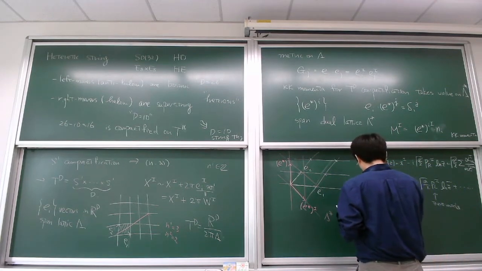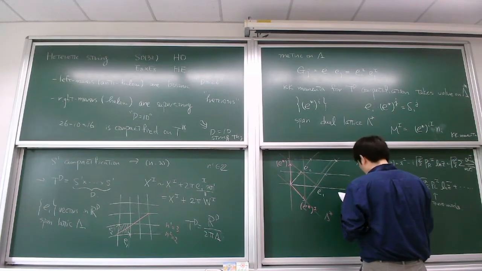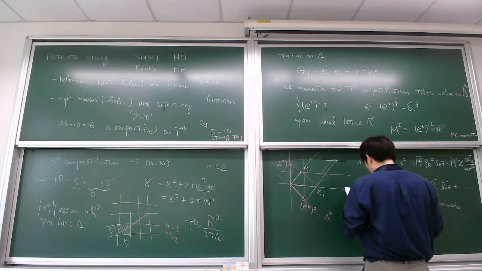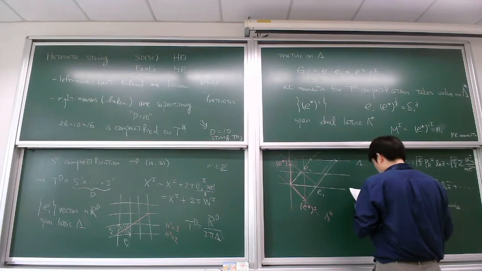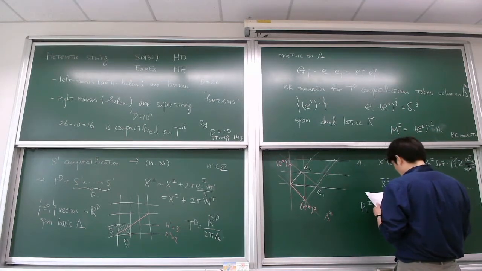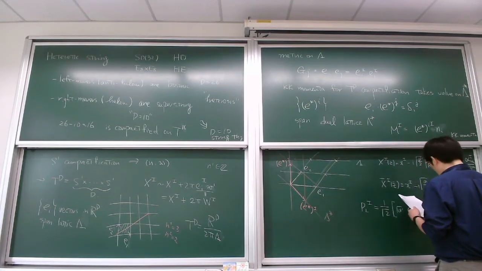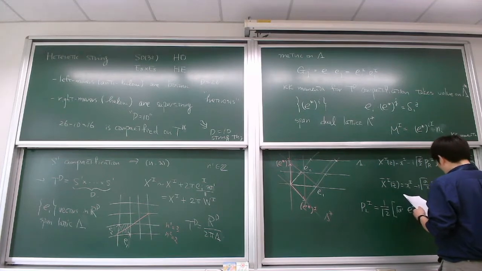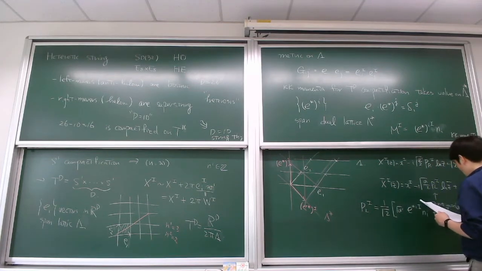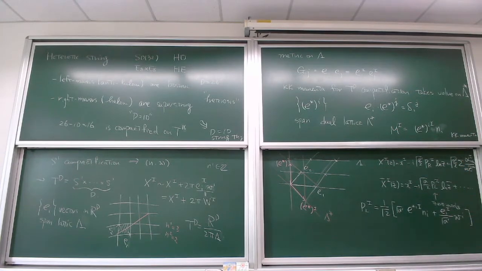So p_L should take the following form, with the square root of 2, as before, E star i, and then plus w. I will change the notation later, so I just changed the notation. It's better to call it W. Plus sign.